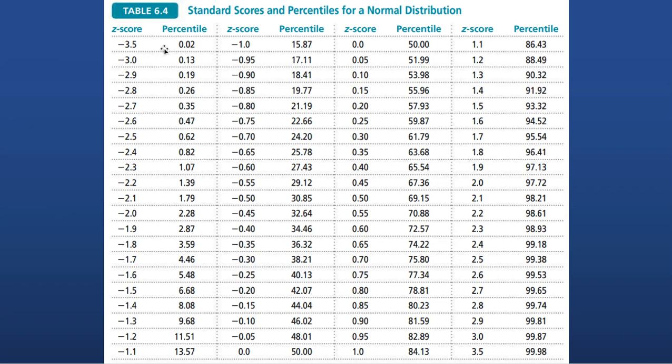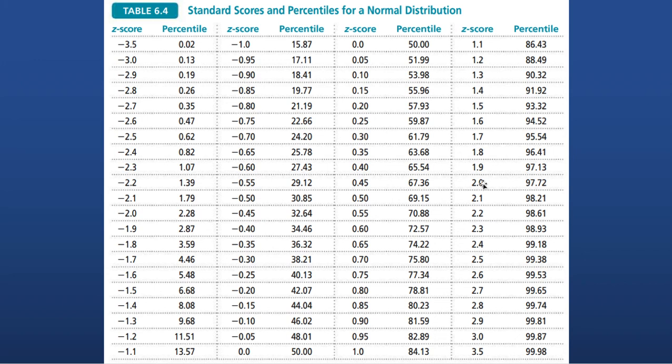A z-score of 2 corresponds to a 97.72 percentile. That means that 97.72% of all the data is below that z-score. All right, so that's one way that you might be asked to use this table: find the percentile.